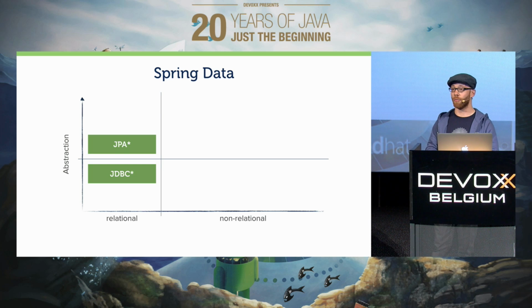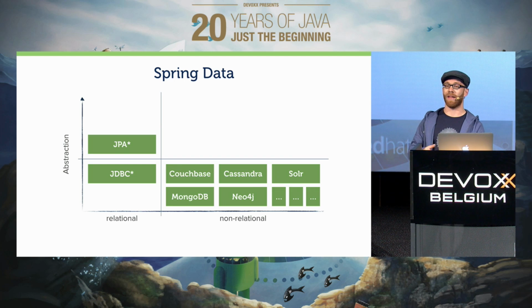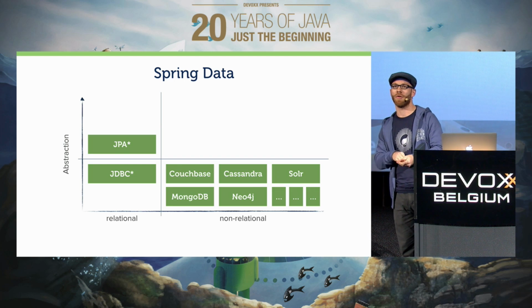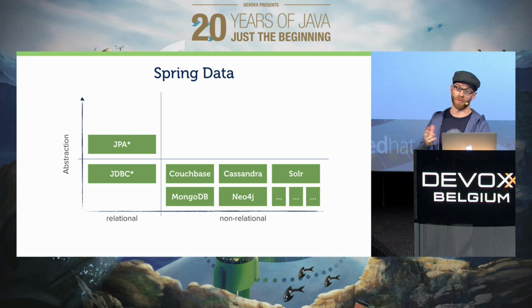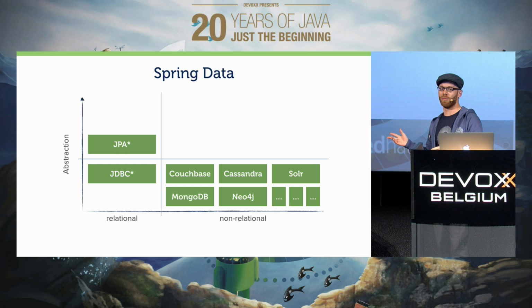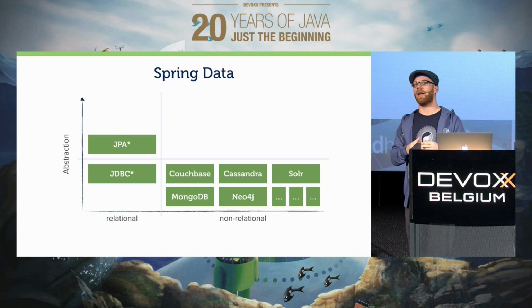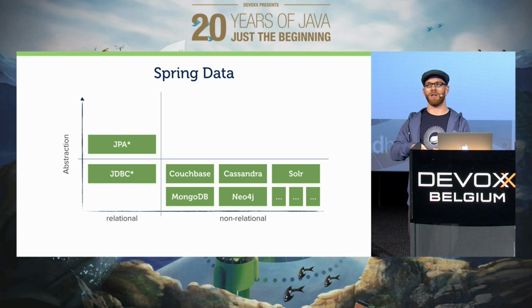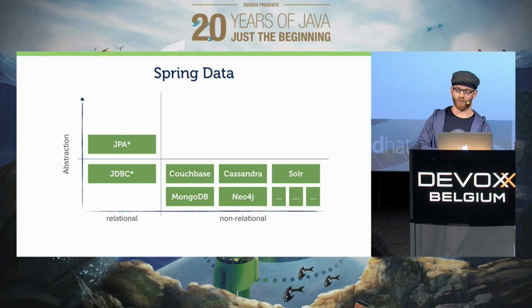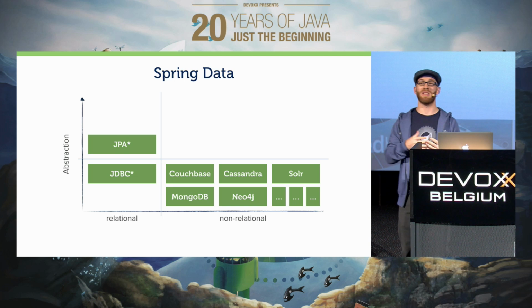In the non-relational world, you, as a Java developer, usually get a lot of Java drivers from a variety of vendors. I just listed a few here: Couchbase, Cassandra, Solr, Mongo, what have you, and a lot of others. But the drivers usually end up, and that seems to be changing in recent days, providing you a JDBC-like API.